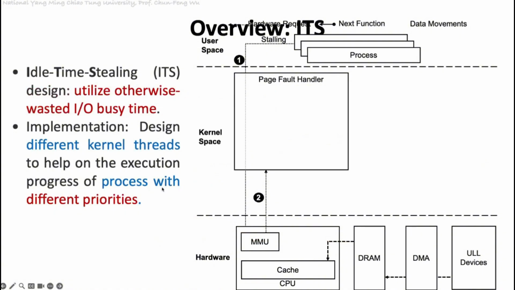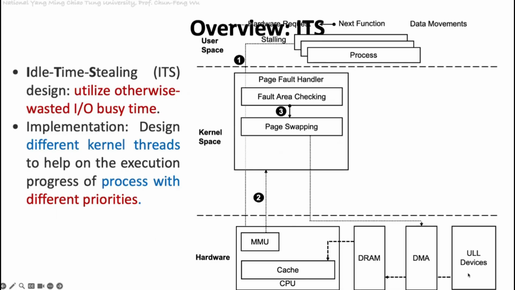First of all, when the process is running, each time the CPU will use the MMU to do the translation for each instruction. When we find that the data is in the storage device or in the memory device, the CPU will stall here to wait for the data from DRAM or the storage device. And if the data is in the storage device, we call it a page fault.